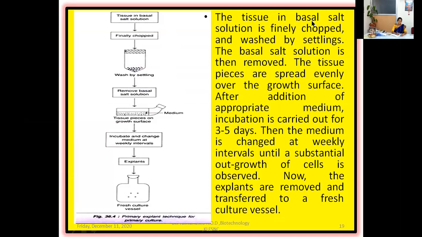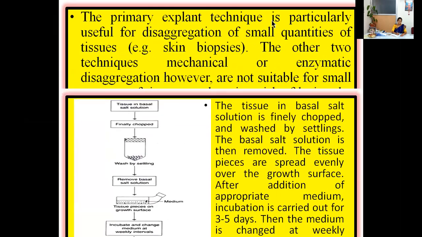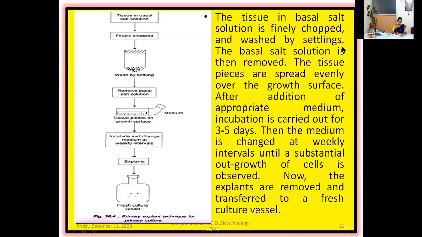First and foremost, the tissue is taken in the basal salt solution, that is the BSS in short, finely chopped and washed by settling. Then the basal salt solution is removed. The tissue pieces are spread evenly over the growth surface after the addition of appropriate medium.